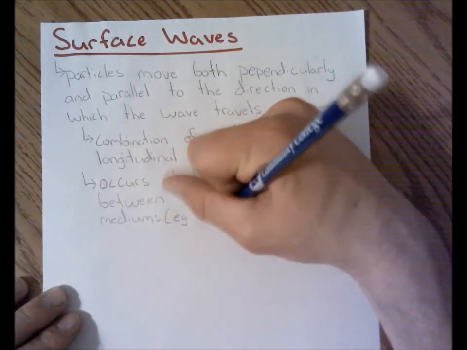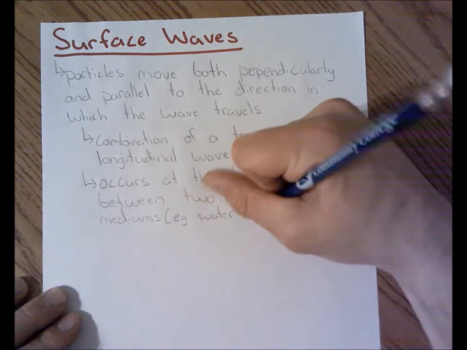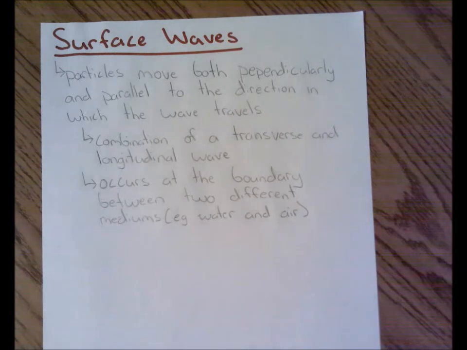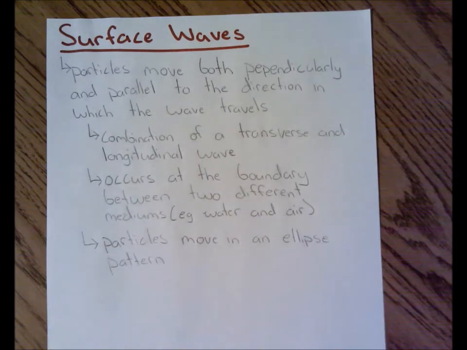So what we also have here with surface waves is that the particles move essentially in an ellipse pattern. The best way to explain this is through an example where we have the movement of a beach ball on an ocean wave.